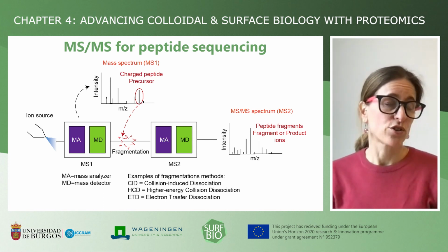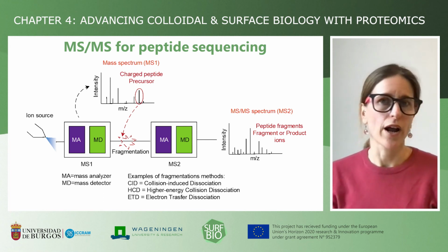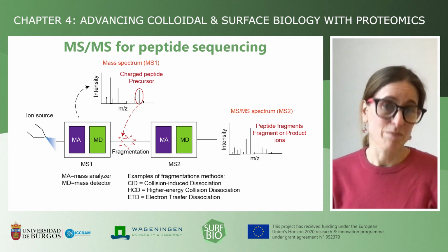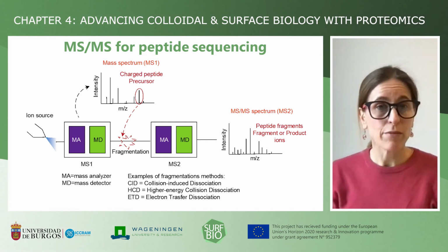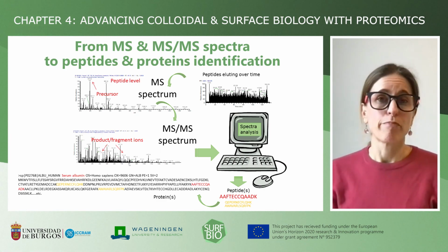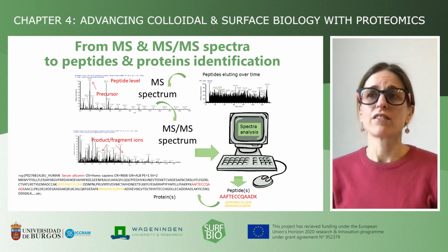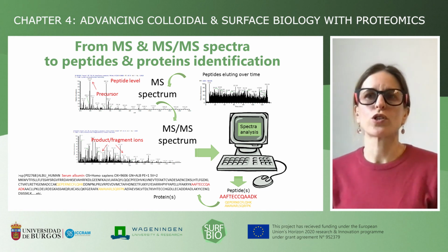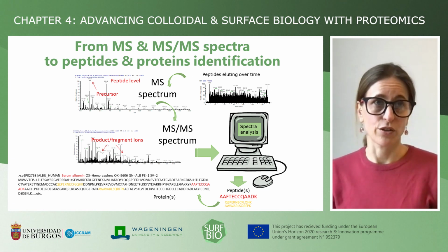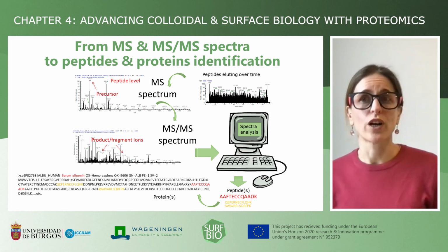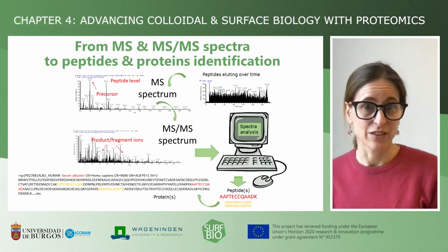The resulting spectrum is called MS-MS, or MS2 spectrum. The peaks in the spectrum correspond to fragments of the peptides. Finally, via bioinformatics analysis, we can derive the identity of the peptides first and build those back into protein-level identifications. This is a well-established bioinformatics pipeline when we have genomic information for the organism investigated.